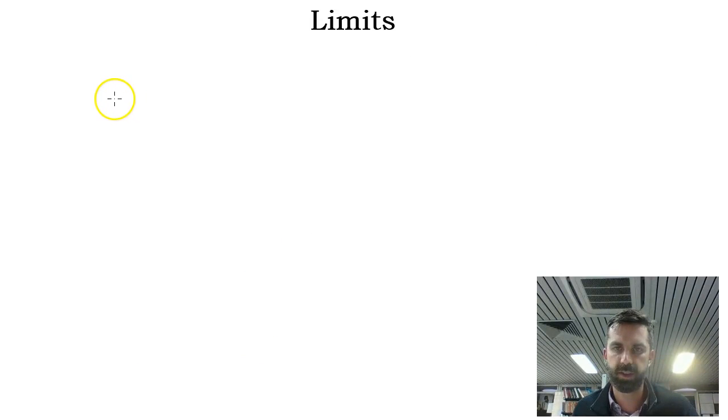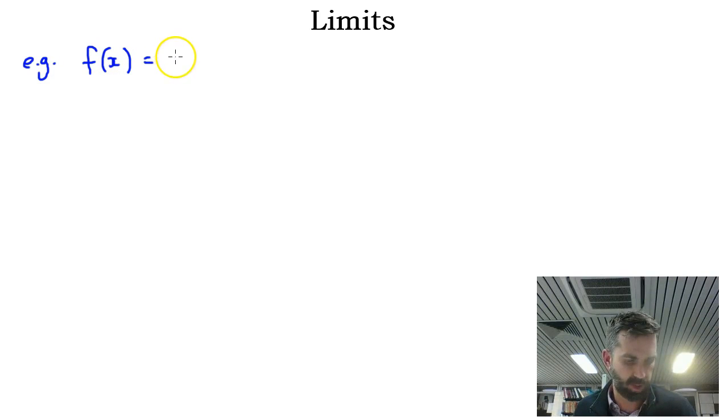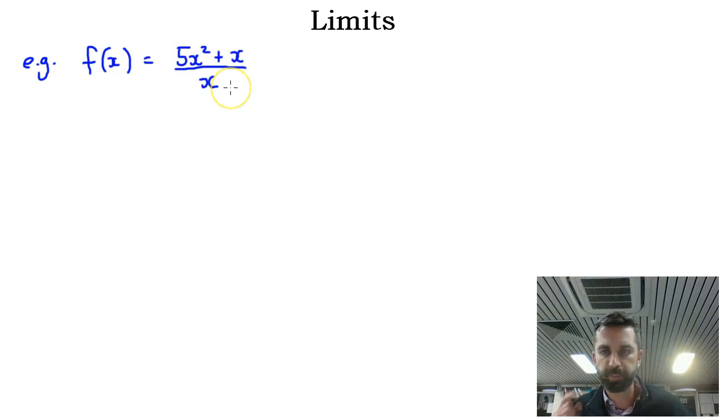Okay, so this is the part I'd like you to write into your book. We're going to start with an example. We're going to say that f of x is equal to 5x squared plus x, all divided by x.